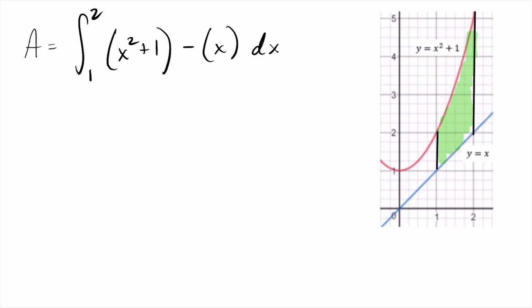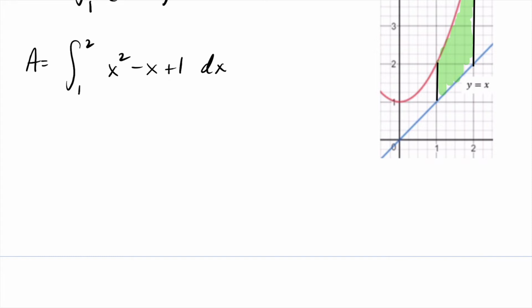Before I integrate, I'm going to distribute the negative here. So it's x squared minus x plus 1 dx. Antiderivative: you get 1/3 x cubed minus 1/2 x squared plus x, from 1 to 2.